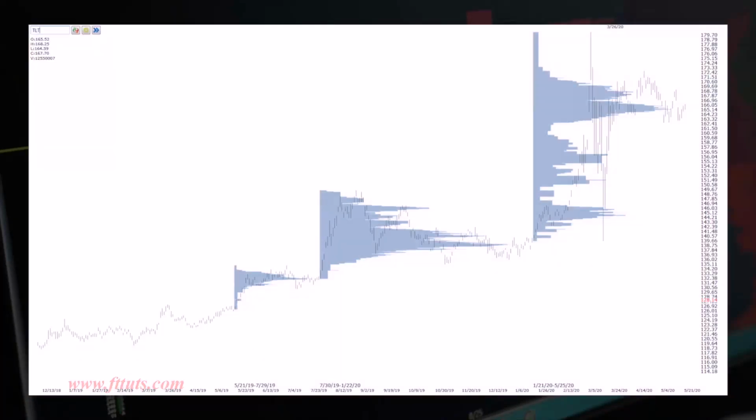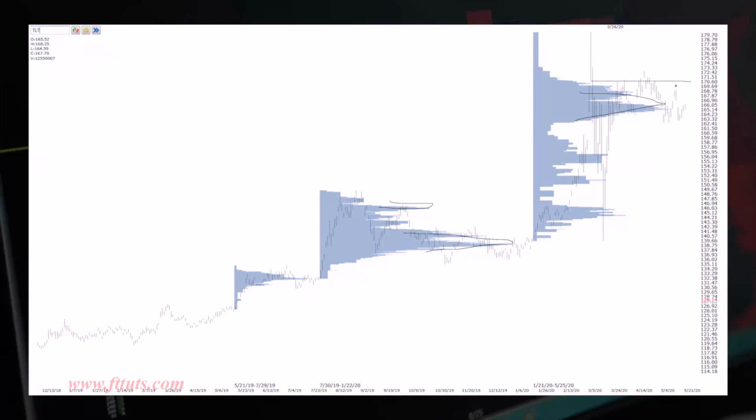When I look at a longer term chart and I'm throwing a volume profile across it, I can start to see where some of the development and the distributions are. For example, when I see an area where there's a high peak in the composite profile, that's an area of development.